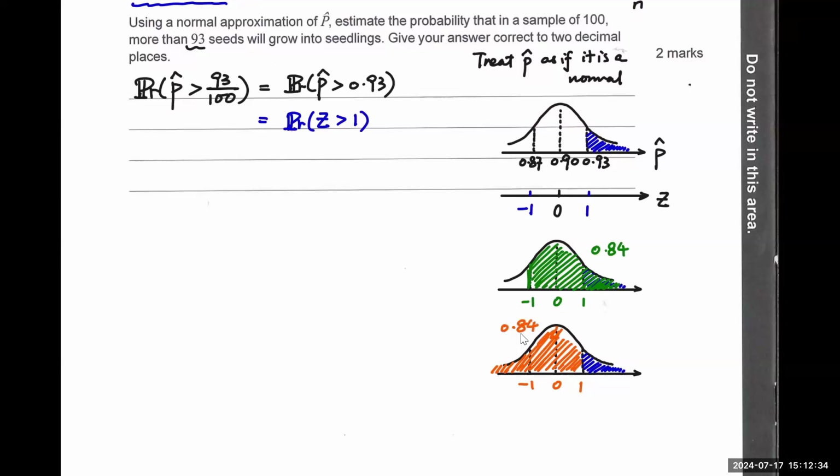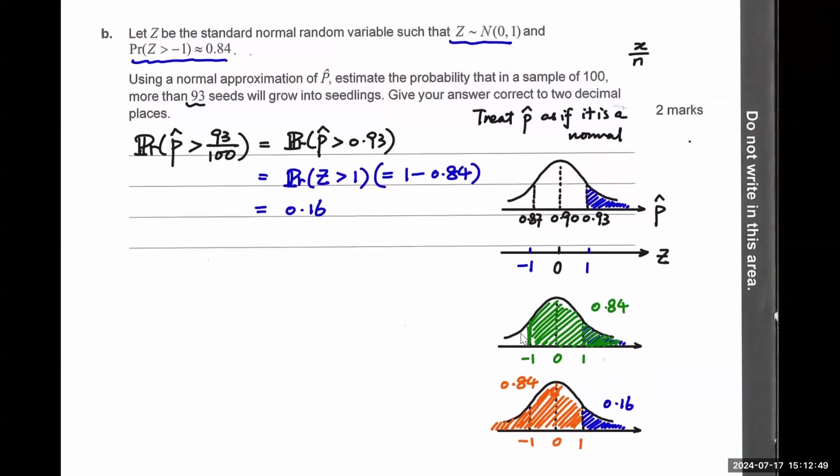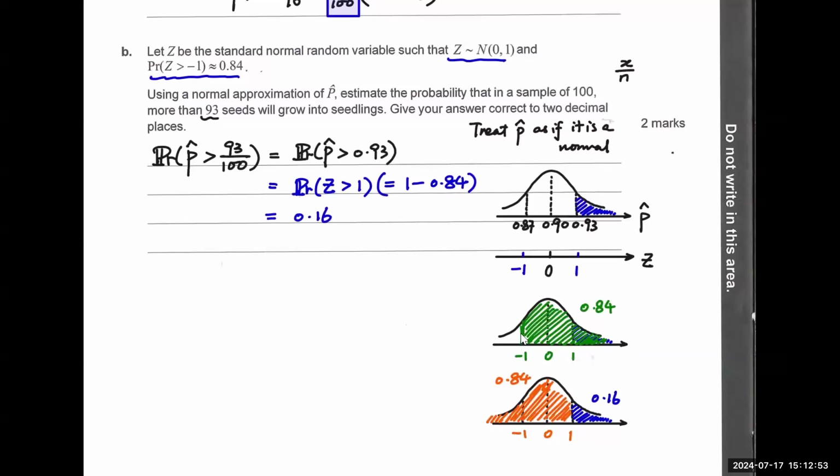So what I want to find for the blue part must be 0.16, the rest. Okay, so that is the suggested approach of drawing diagrams and using the symmetry property of the normal curve, okay?